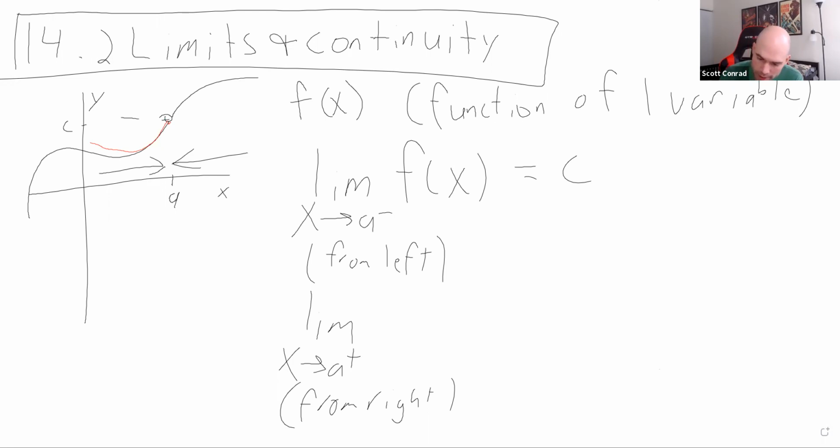And if you follow it from the right, we also approach c. Those are the only two ways we can approach a, from the left and from the right. Since the limit from both directions is the same, c, those two agree. The limit from the left and the limit from the right agree. So the limit exists and it's equal to c.